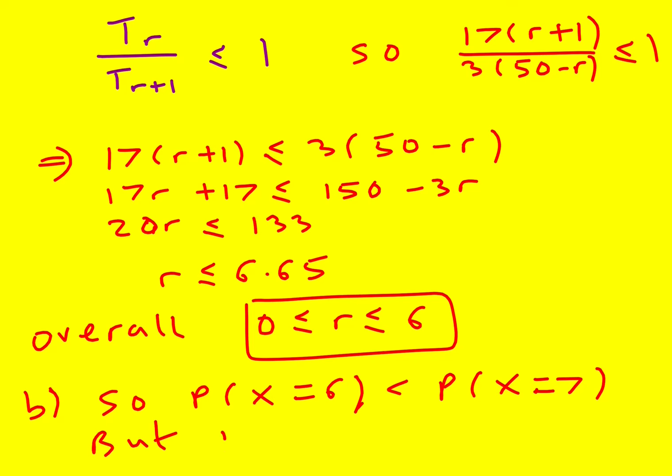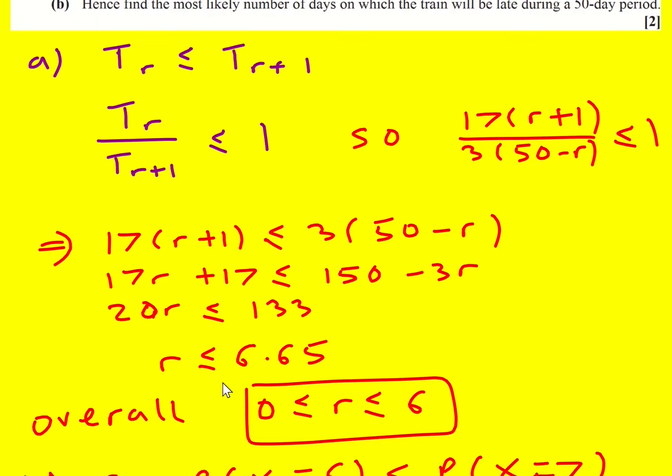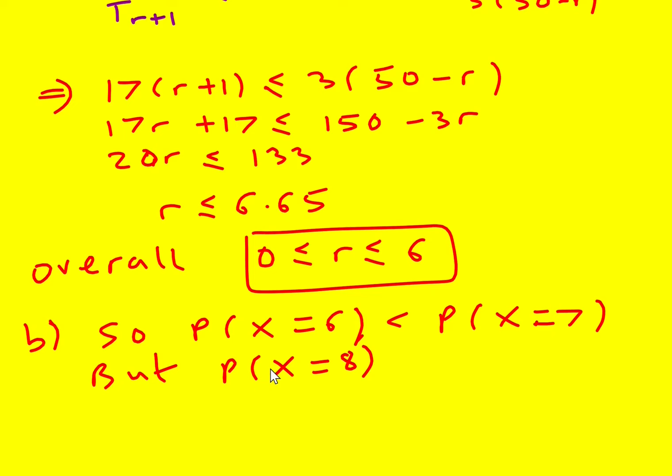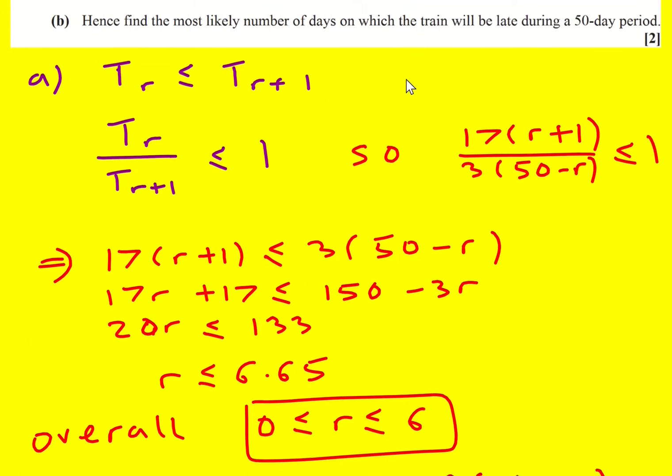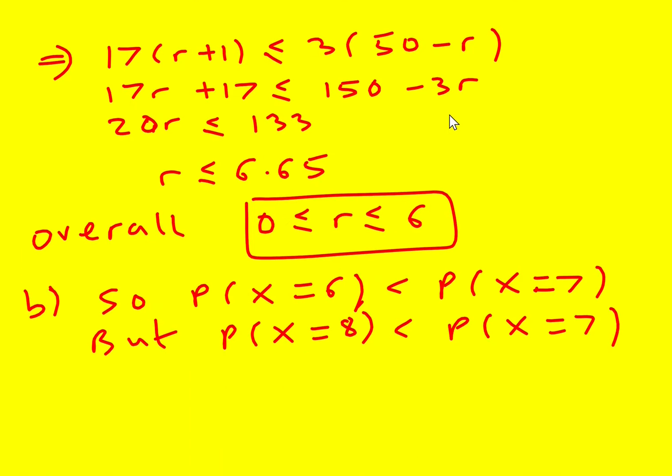But the probability that X equals 8, because we stopped at this point, it must actually be that 7 is the maximum. That's what this question's getting at. So overall for B, the most likely number of days is going to be 7.